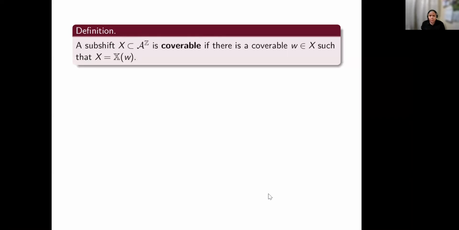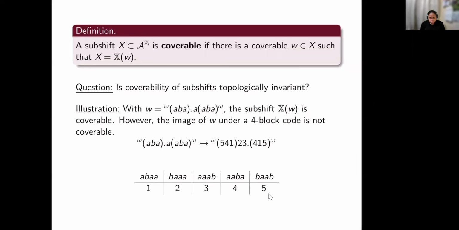Okay, so now, being a property of subshifts, we wanted to know if coverability of a subshift is topologically invariant, or is preserved under conjugacy. Unfortunately, we were able to give an example which proved that coverability of a subshift is not topologically invariant.